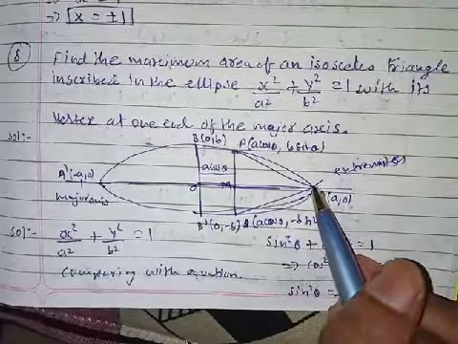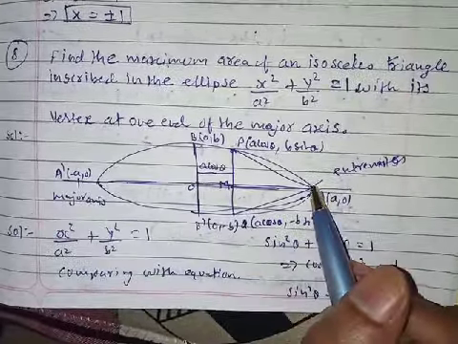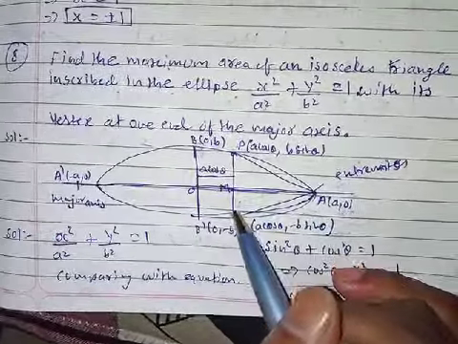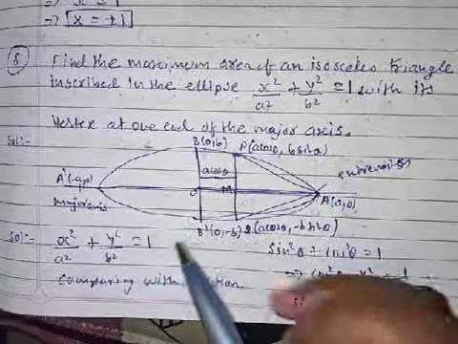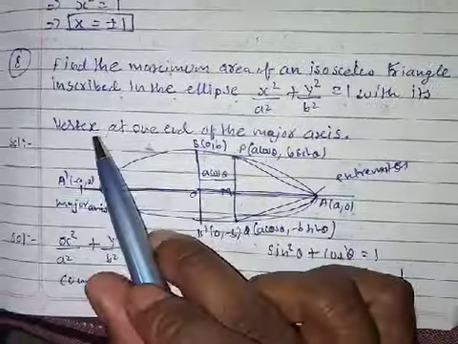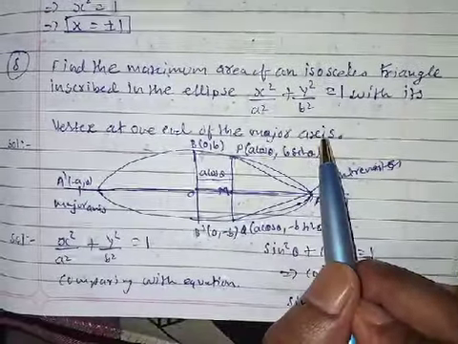So let's take here one point on the major axis, and let the other points be P and Q. Let A be the vertex at one end of the major axis.